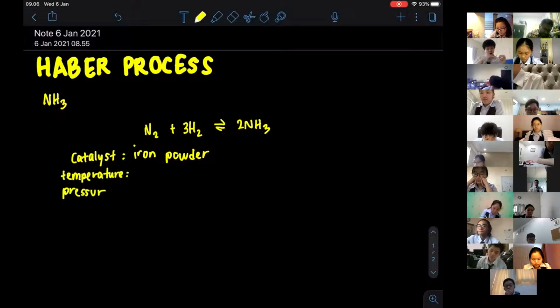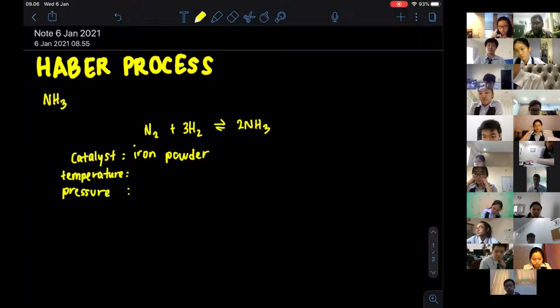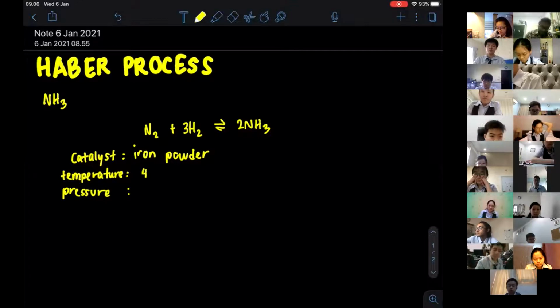Even in the textbook, I don't think the values are written, but in your exam, they will test you on this. You need to know the exact value for the temperature and pressure. The Haber process happens at a temperature of 400 to 450 degrees Celsius.